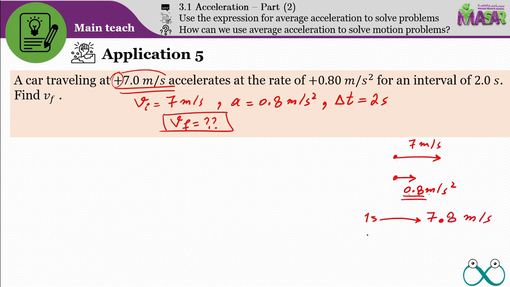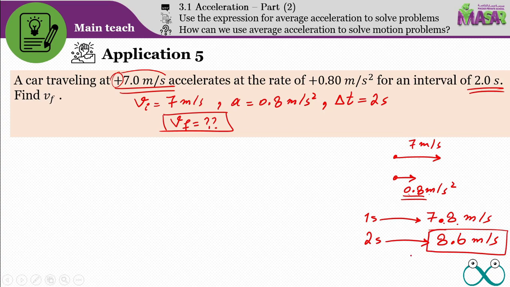Now, after 2 seconds, another 0.8 will be added to the 7.8, and the resultant speed is 8.6 meter per second. Since the question is about the final velocity after 2 seconds, you can take this value as the answer for the final velocity.